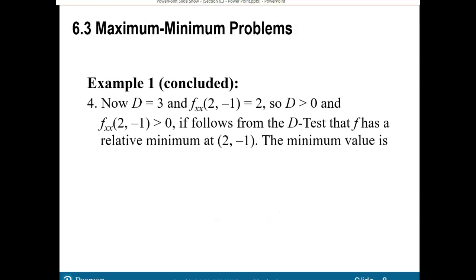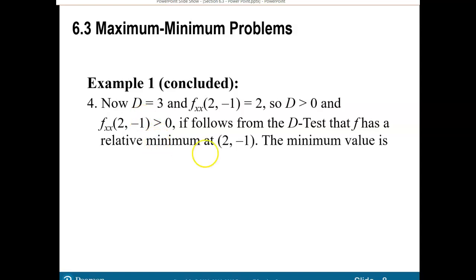So it's positive, right? So D is 3, was positive. Then you go back and look at your second derivative with respect to x twice. That was 2, right, which is a positive number. So think of second derivative positive. So D's positive and that's positive. Second derivative positive means concave up, means that you should have a minimum value.